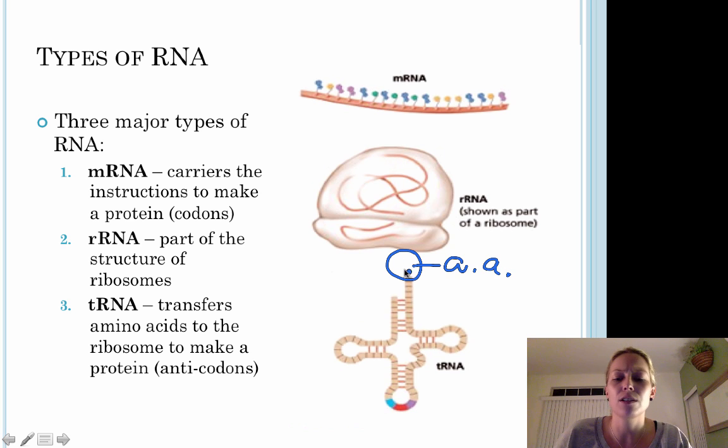You'd have a variety of different tRNA molecules, each with their own different amino acid, reading this mRNA molecule and bringing in the correct amino acids to build our protein.